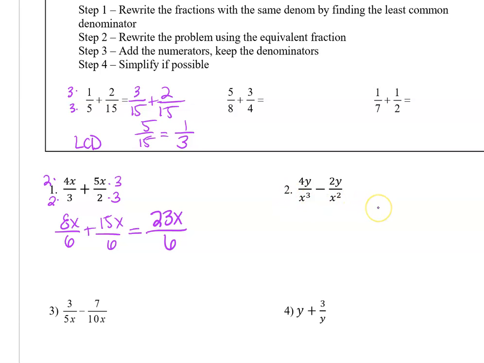For number 2, the common denominator I would pick is x cubed, because I can turn the x squared into an x cubed by multiplying it by x. So this reduces to 4y minus 2xy all over x cubed. And I can factor that numerator. I actually can pull out a 2y.